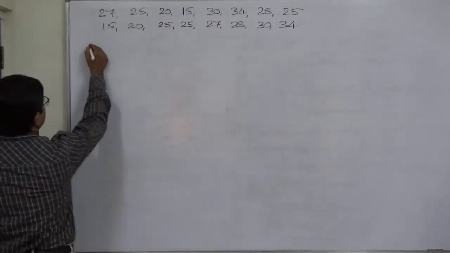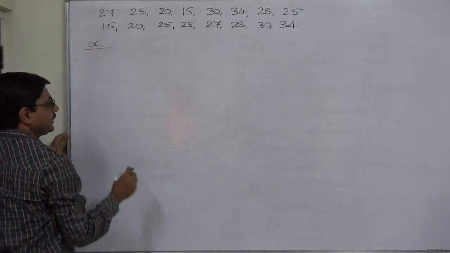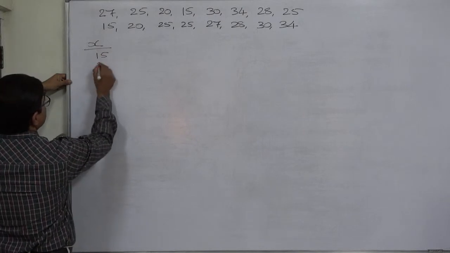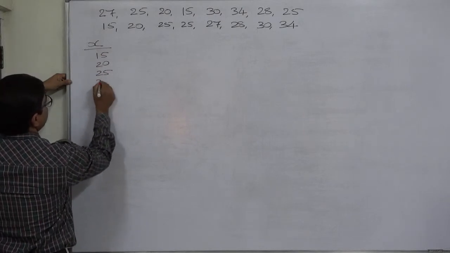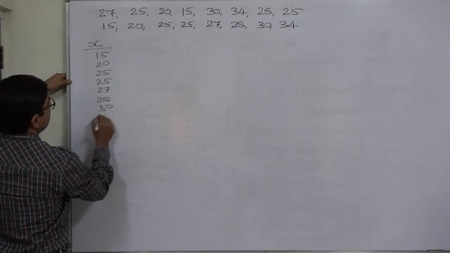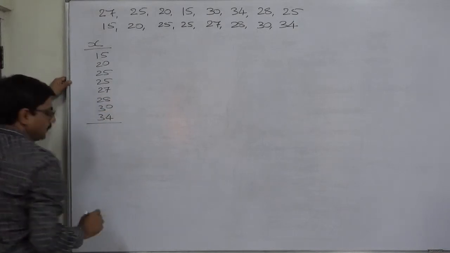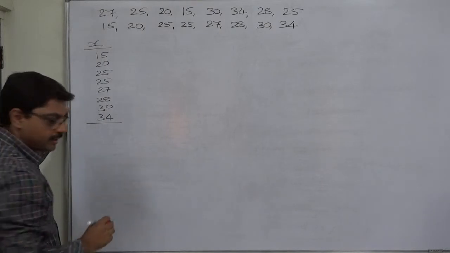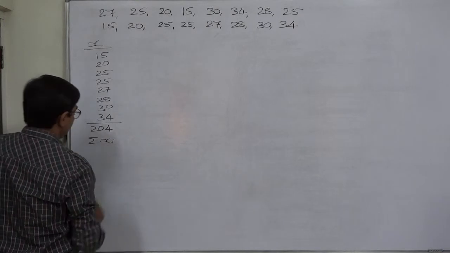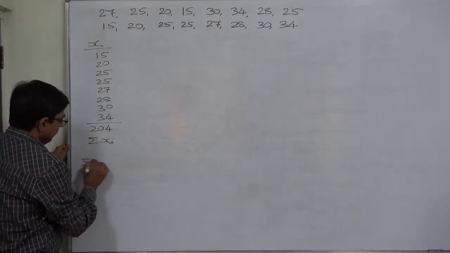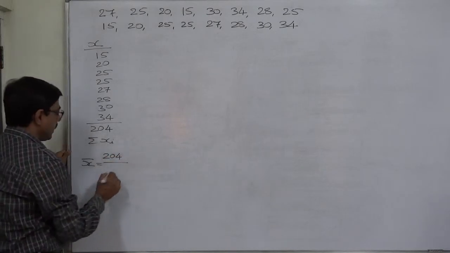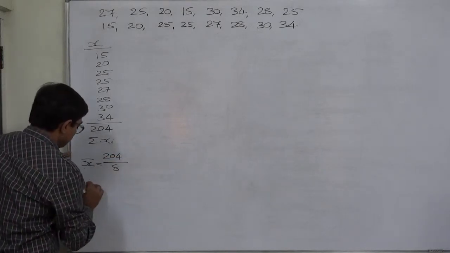For that purpose, first of all, we are going to find out the summation of the data values, sigma x: 15, 20, 25, 25, 27, 28, 30 and 34. What is the summation? Is it 204? Yes, 204 sigma x. So the sample mean or x bar comes to 204 divided by 8, 25.5.